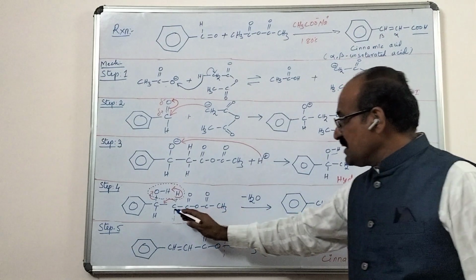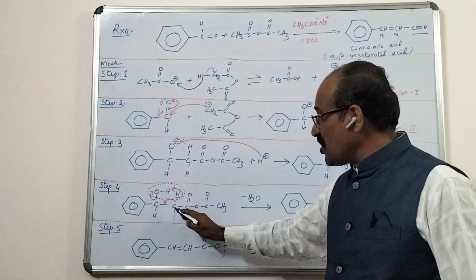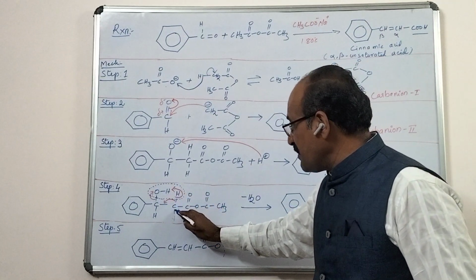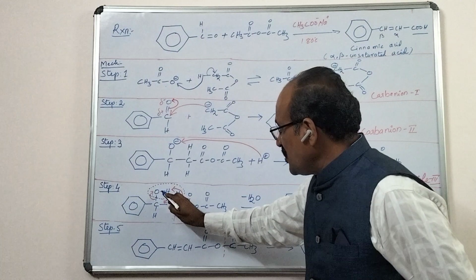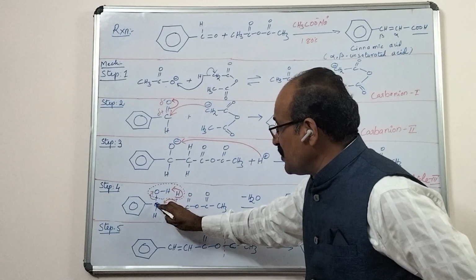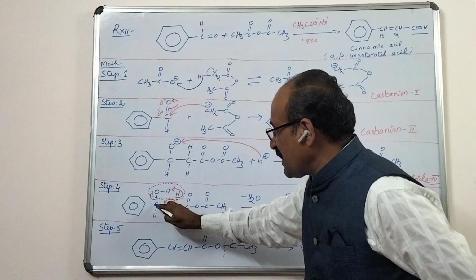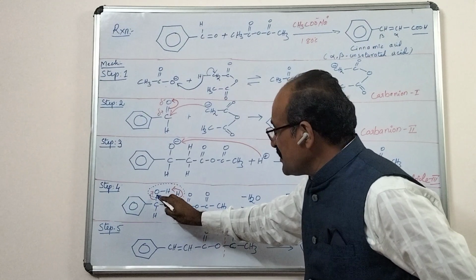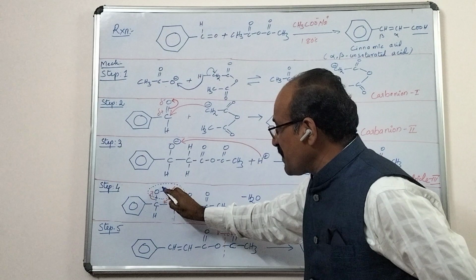So here the internal transfer of proton will take place from the alpha carbon. This OH will be removed, breaking the bond with the carbon, so that it will dissociate in the form of OH minus ions.